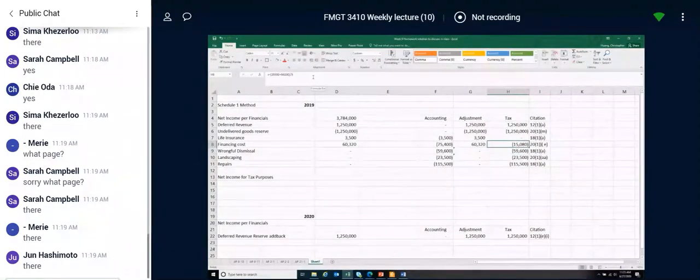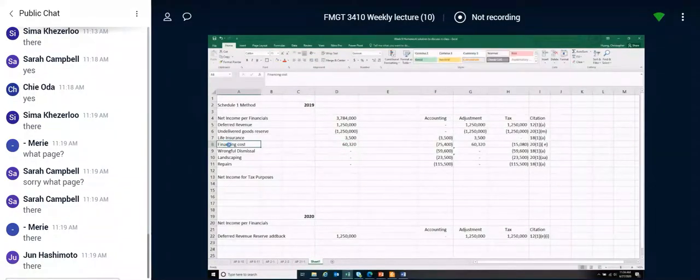So tax says, no, you can only deduct 15,080 in 2019. Okay, so they're saying 2019 you deduct 15,080, 2020 you deduct 15,080, etc. So if you take a look at financing, that means for 2019 you must add back 60,320.